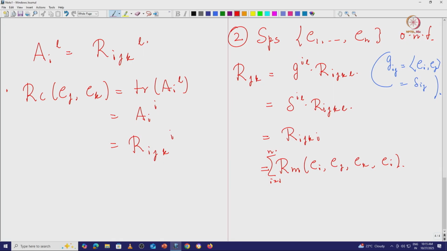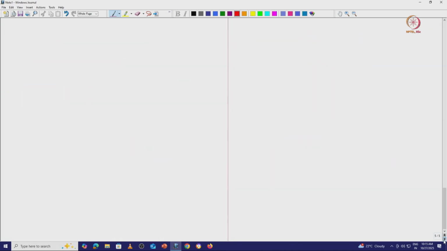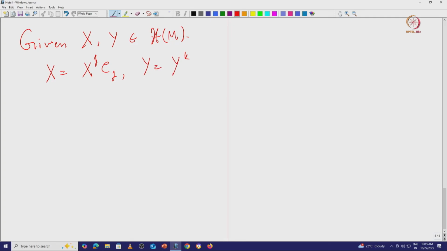Okay, so now given arbitrary vector fields, suppose in this frame x is precisely this and y can be written as y^k e_k, then what is the Ricci curvature of x comma y? That is precisely R_jk x^j y^k by what we just observed.